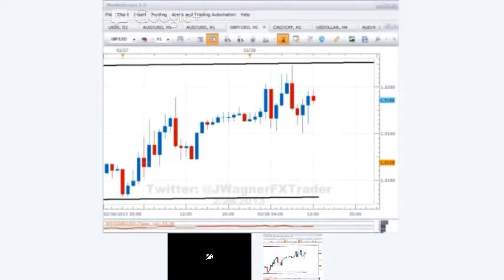Or you could use an open-ended take profit level, meaning you manually trail your stop, and so that way if the market moves in your favor, you're manually moving your stop in your favor so that you're locking in gains.